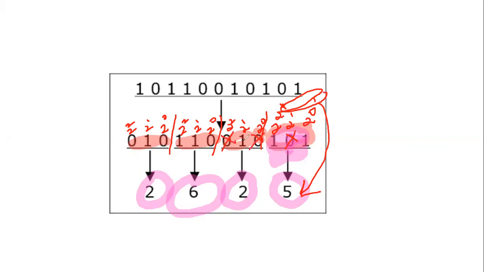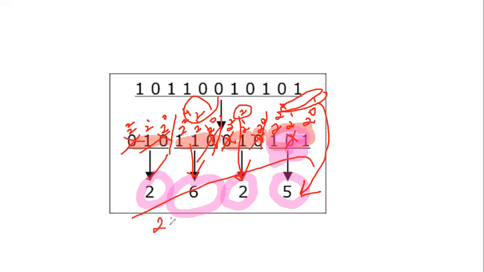We will look at the 1. 2 raised to 1 is 2. Gives me 2. Don't look at the 0. This is 4. 2 raised to 1 is 2. Gives me 6 together. Don't look at the zeros. It will give me 2. Put it together, so it becomes 2625.